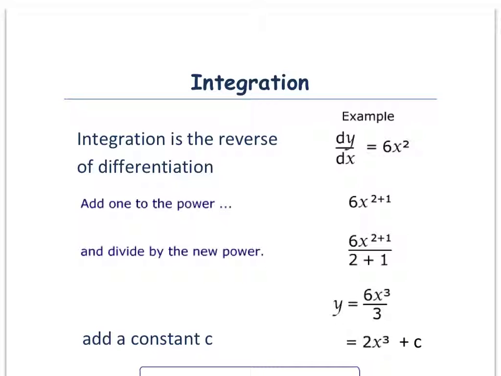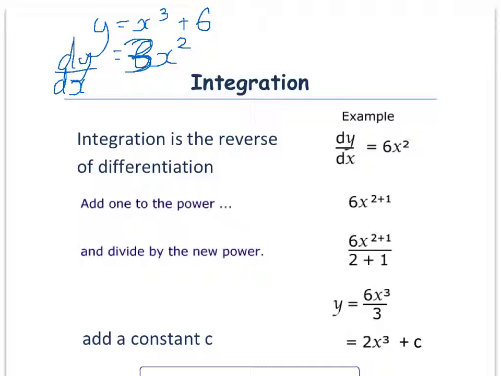Now the last thing you must add when integrating is a constant value. Because remember, when you differentiate, we'll just look at a quick example at the top here. When we differentiate something like y equals x cubed plus 6, if we do dy by dx, you get 3x squared, and then this plus 6 disappears because it is x to the power of 0, and anything times 0 is 0.